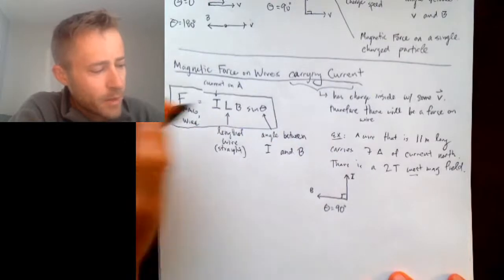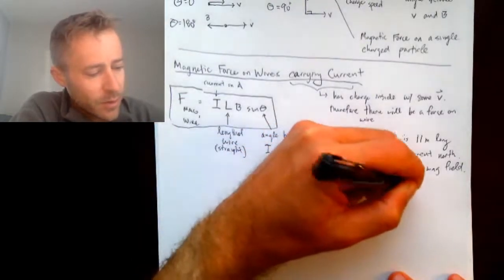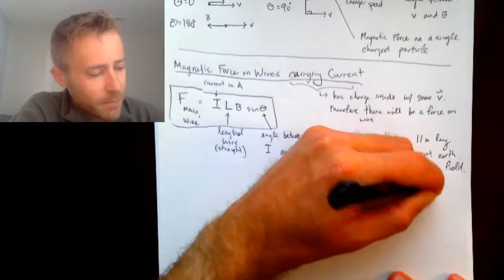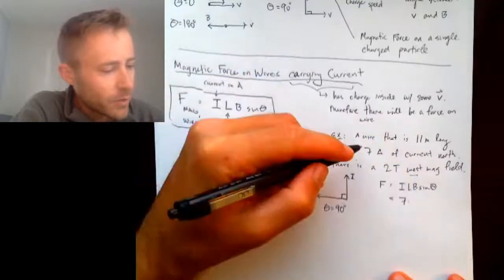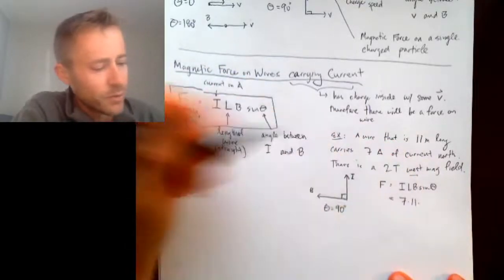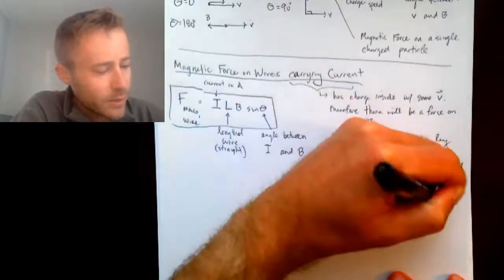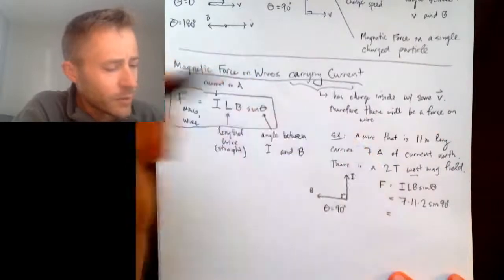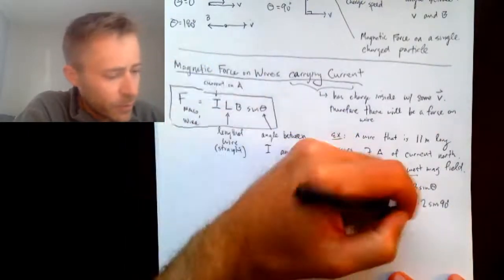Using F equals ILB sine of theta, I have 7 times the length, 11, times the magnetic field, 2, times sine of 90. And so the force on that wire would be, what, 154?